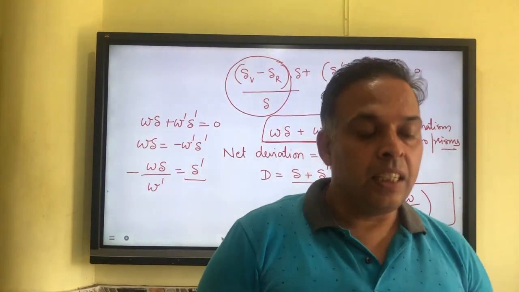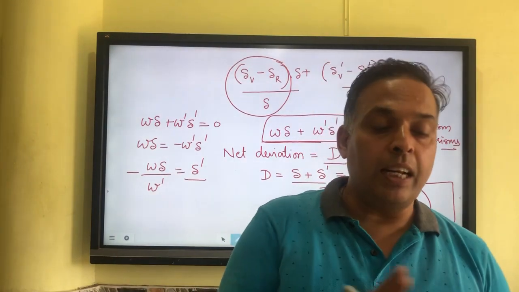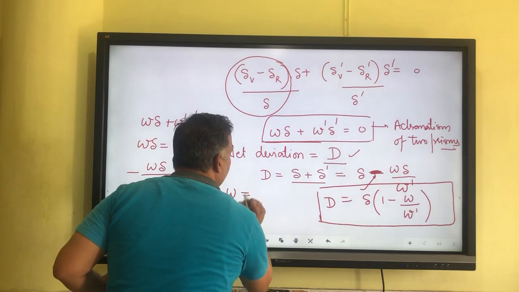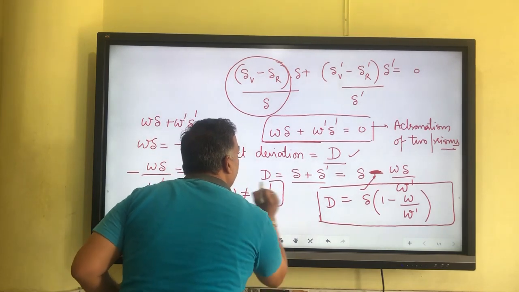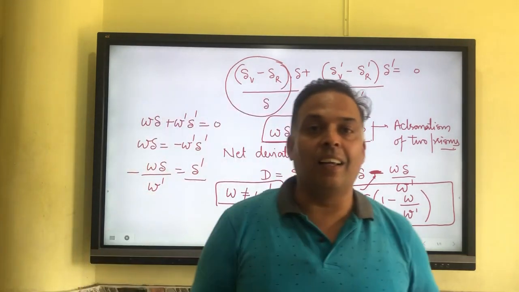As the two prisms are of different materials, omega will not be equal to omega dash.